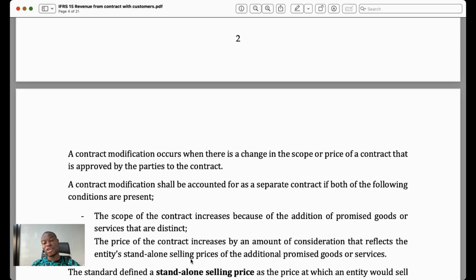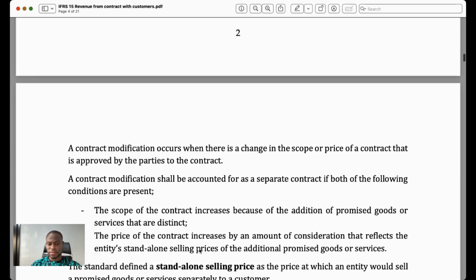You see that increment of 800,000, you have to write up a separate contract, because when each car is 1 million, you don't increase each car to 1.8. That additional 800 is as good as the price of each one already. So it is a separate contract, because the increase reflects the standalone selling price of additional promised goods or services.